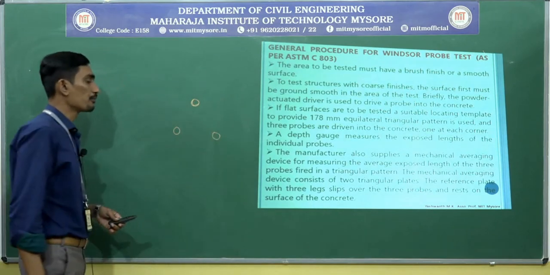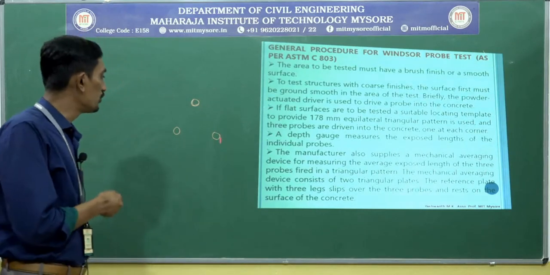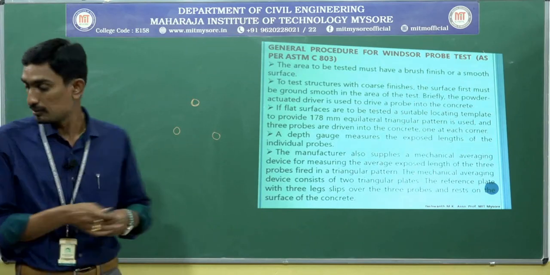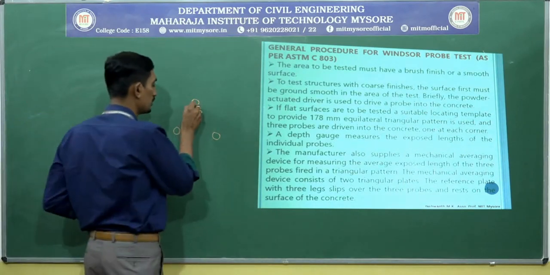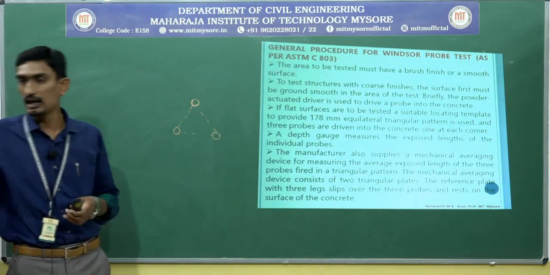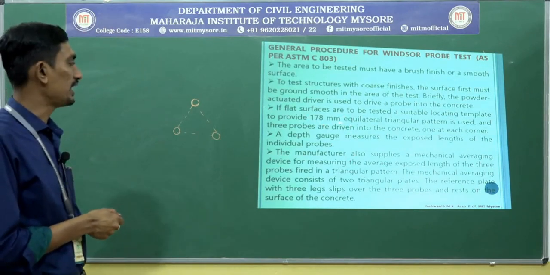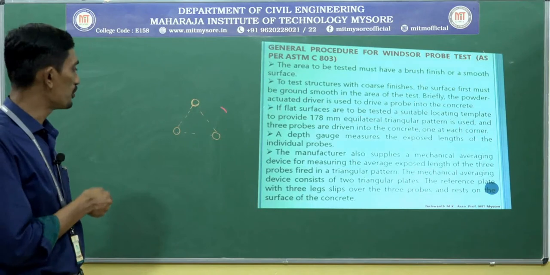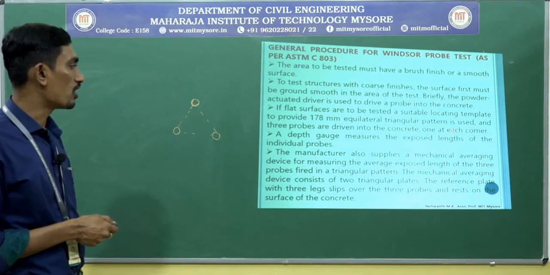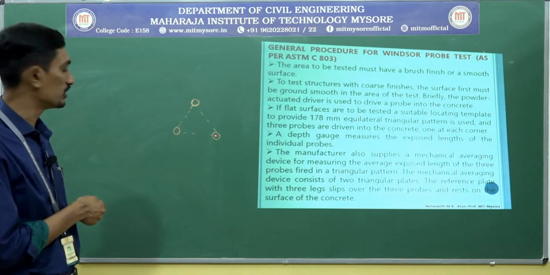So I need to create a pattern somewhat like an equilateral triangle, something like this. That is a 178 mm equilateral triangular pattern. So this will be a 178 mm equilateral triangle, and 3 probes are driven into the concrete, one at each corner. You can see here, one at this corner, one at this corner, one at this corner.